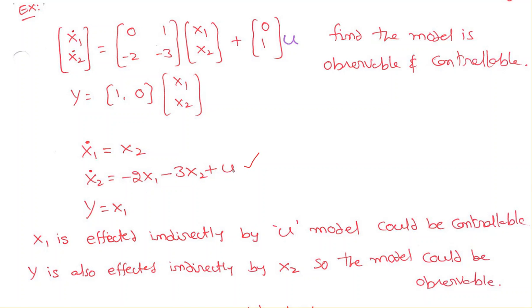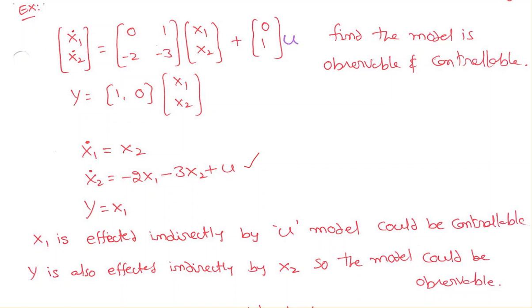Now if the input changes, this is going to change, and that might affect x2 also. So here you cannot tell whether the model is controllable or not, because there is indirect dependency. We don't know how much indirect dependency there is, so we cannot define that.